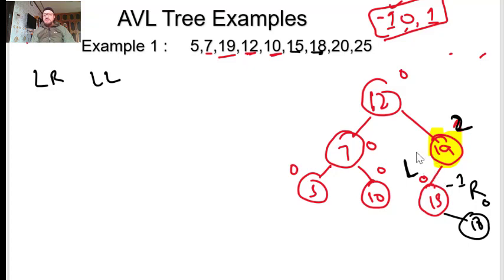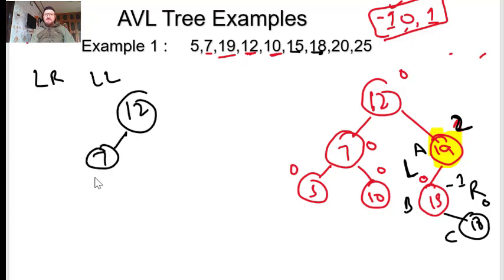Or simply you say this is A, this is B, and this is C. So what do we do? Simply you make A and B children of C, that is 18 will come here. If I do it the direct way, this is 12, this is 7, this is 5, and this is 10 here.